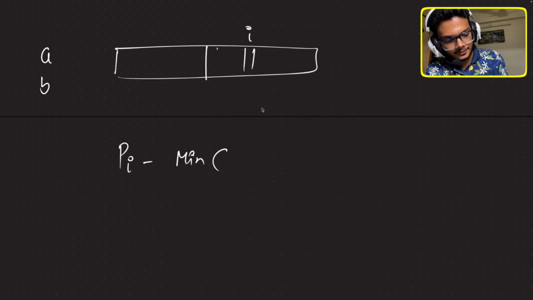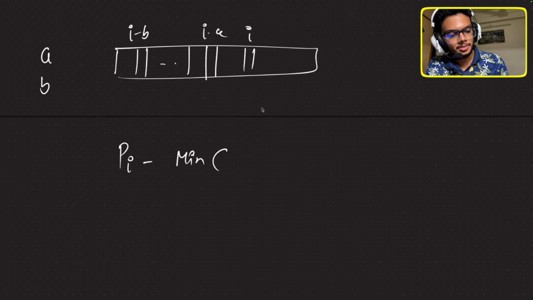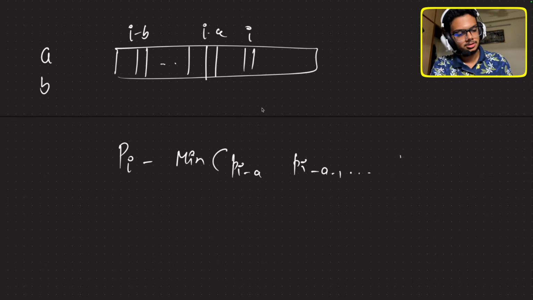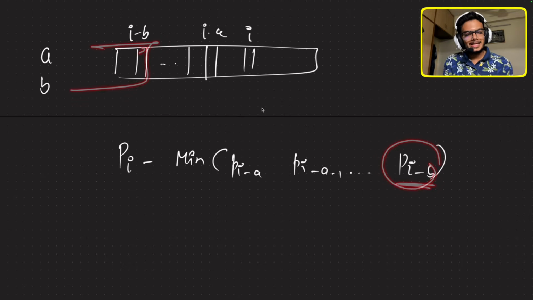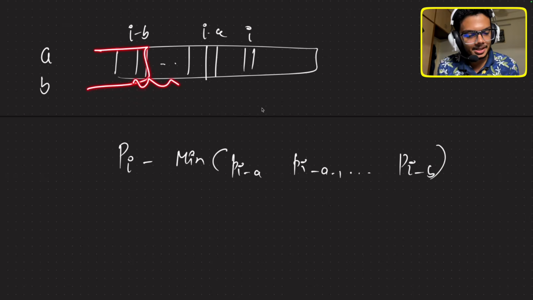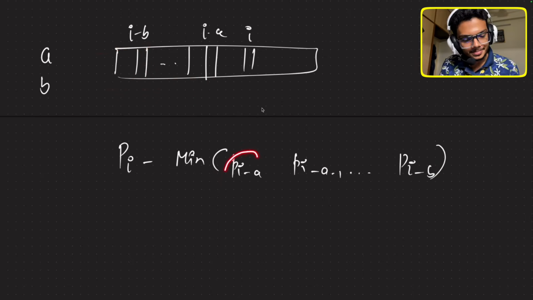The first prefix sum is this, which is at I minus a, pi minus a, and so on till I minus b. So minimum of pi minus a, pi minus a minus 1, and so on pi minus b, right? Technically this is representing the prefix sum here, right? So when you subtract pi minus b, you are effectively getting a subarray of size b. When you subtract pi minus a, you are effectively getting a subarray of size a, right?